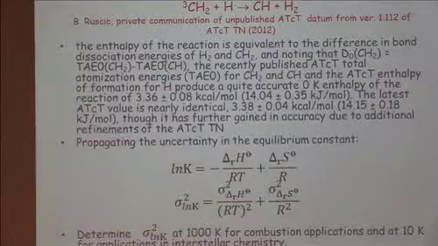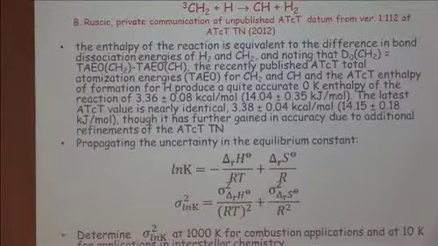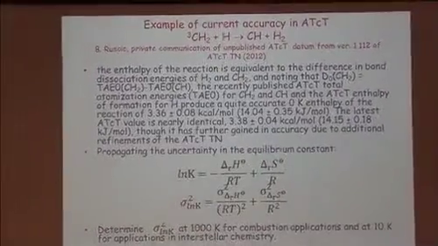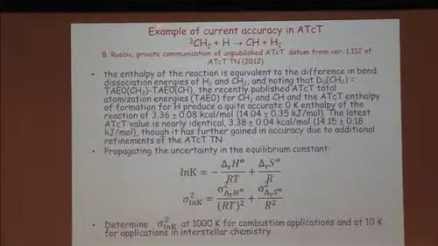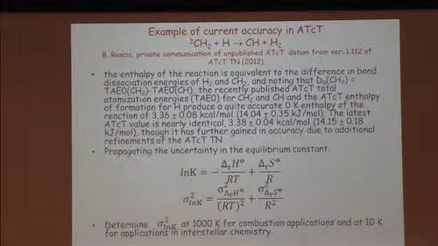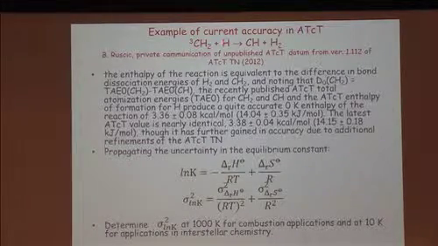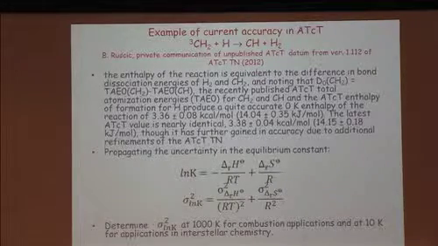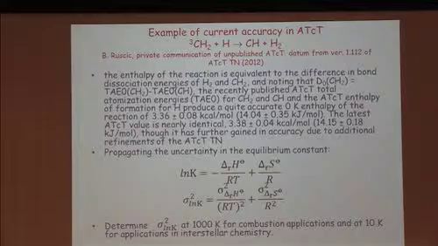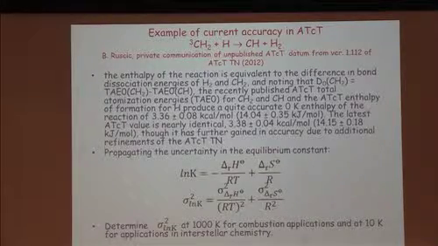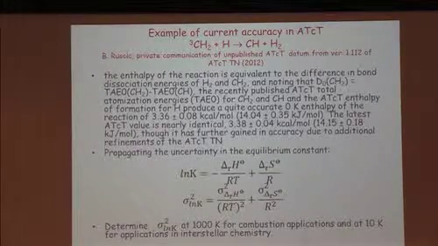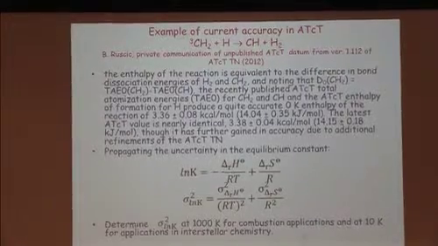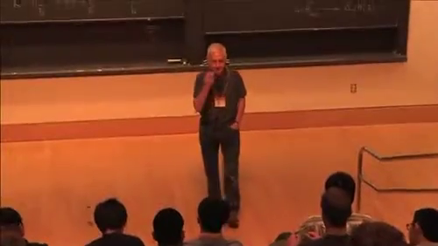Okay, here's an interesting example of the way in which things are now. So this is this reaction here, triplet CH2 plus H going to CH plus H2. And I looked into this about a year ago because I was doing some work on interstellar chemistry. And interstellar chemistry occurs at incredibly low temperatures of the order of 10 Kelvin.